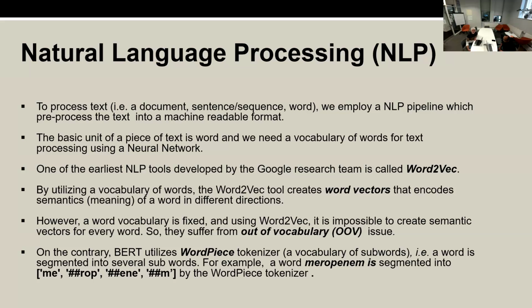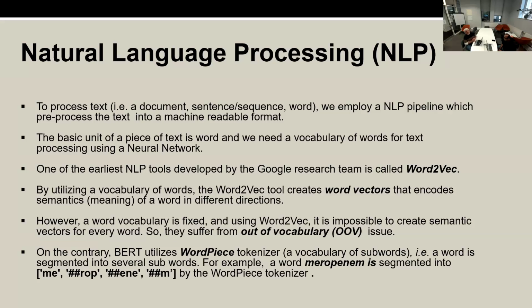So that is the current state of the technologies, and then I will start a bit further back, with natural language processing. To process a text, we employ what we call an NLP pipeline, which pre-processes the text into a machine readable format.